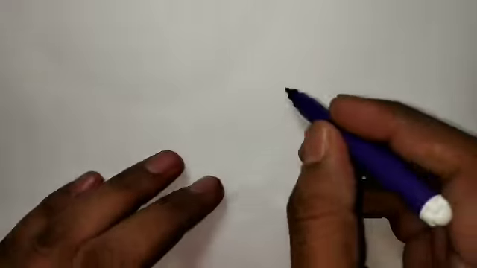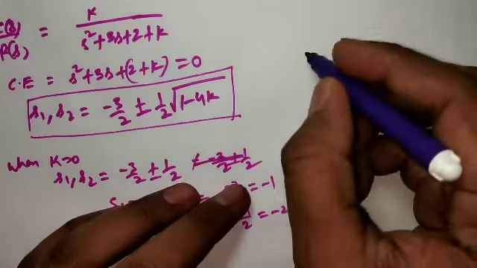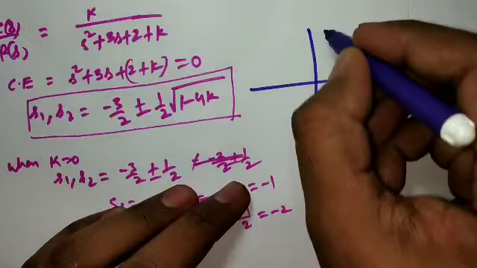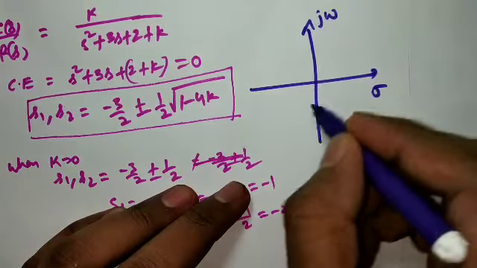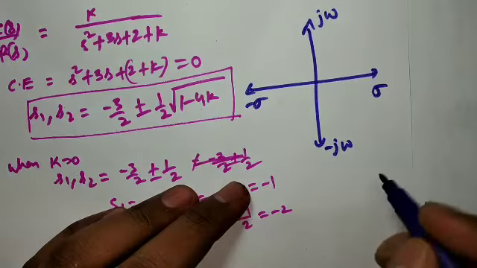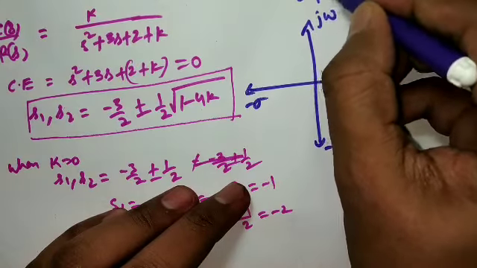This is the s plane. This is sigma, this is j omega, this is minus sigma, this is minus j omega. So this is the s plane.